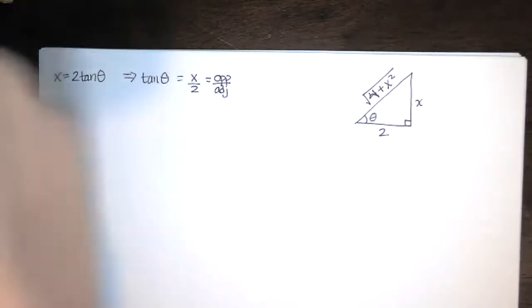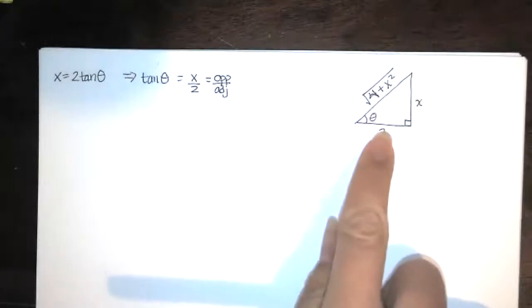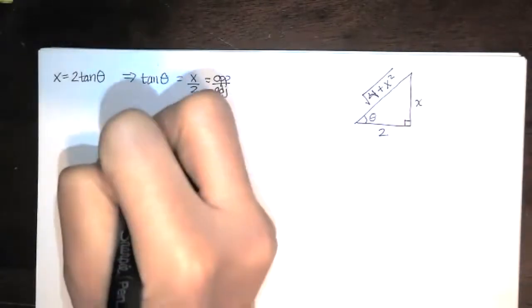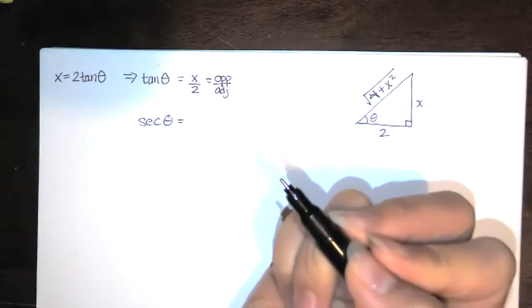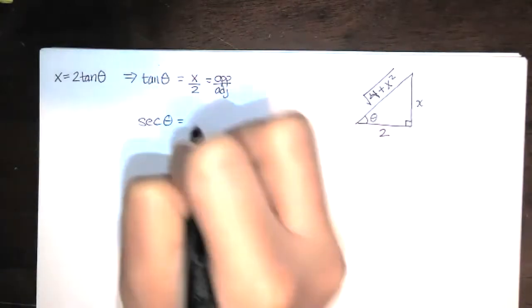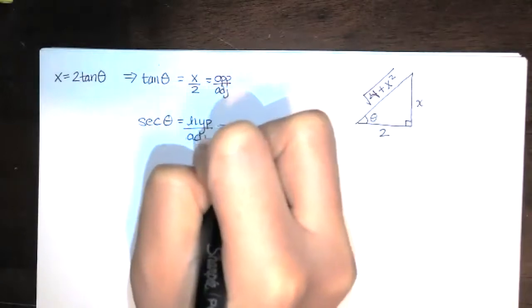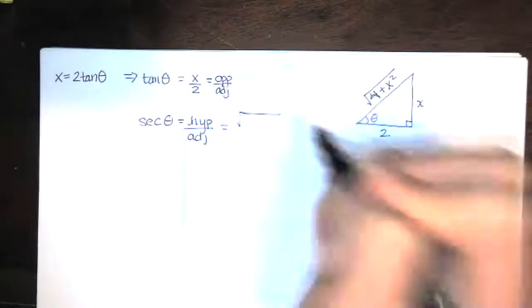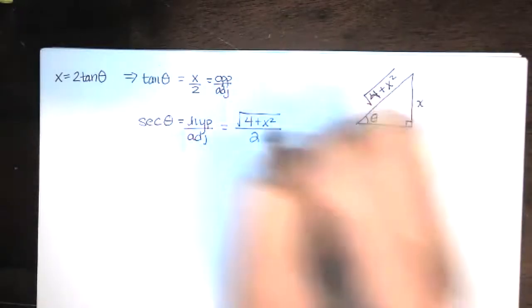Now, our answer here had secants in it, so I need to use this triangle now to find the secant of theta. Secant is 1 over cosine. Cosine is adjacent over hypotenuse, so this is hypotenuse over adjacent. So I've got the square root of 4 plus x squared, that's my hypotenuse, over my adjacent side, which is 2.